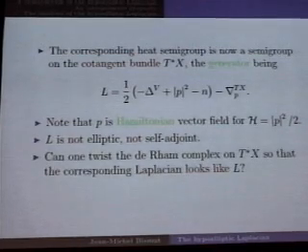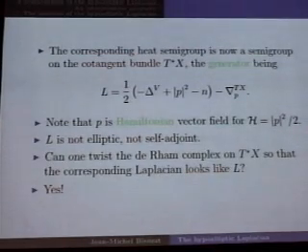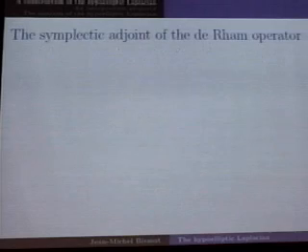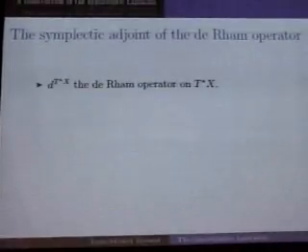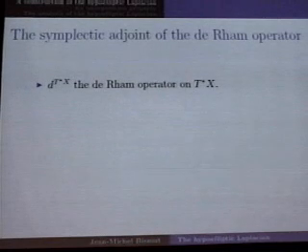So let me try to explain how this construction can be done effectively. Now I totally forget about path integrals, and I will show you how to produce this operator as a Laplacian associated to some exotic Hodge theory. What I will exploit is, of course, the existence of the symplectic structure on the cotangent bundle.